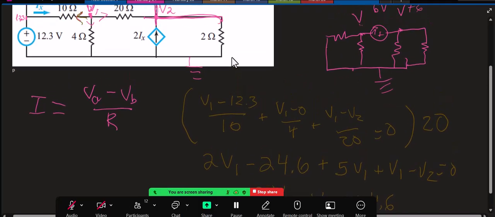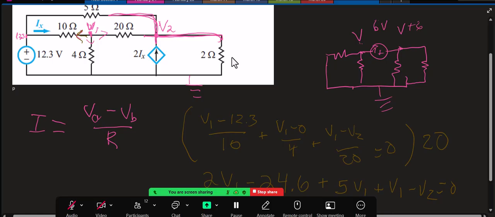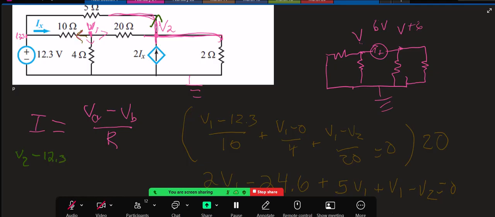Now let's get the equations for V2. So for V2, going up, I have V2 minus the voltage on the other side, 12.3, over the resistance, which is 5, plus going to the left, I have V2 minus V1 over 20.